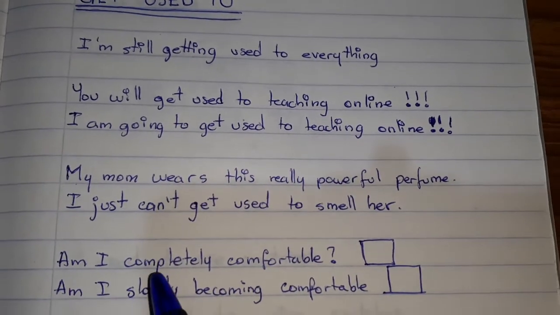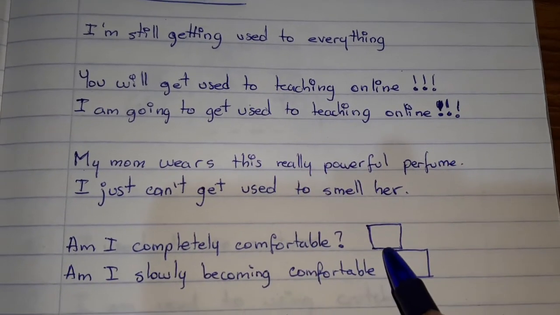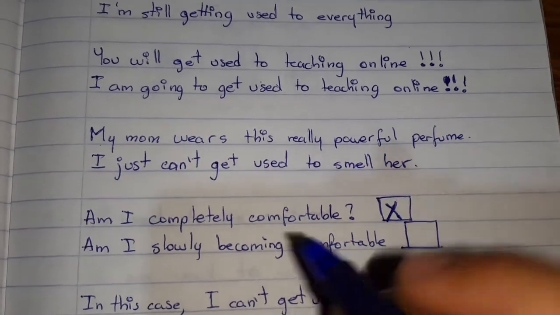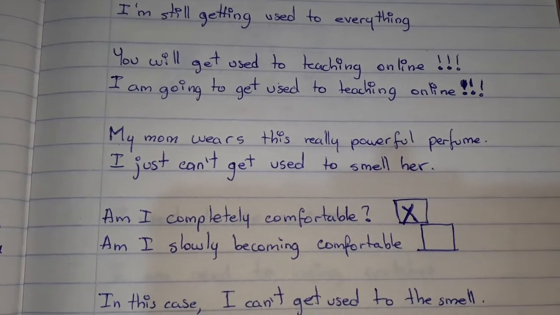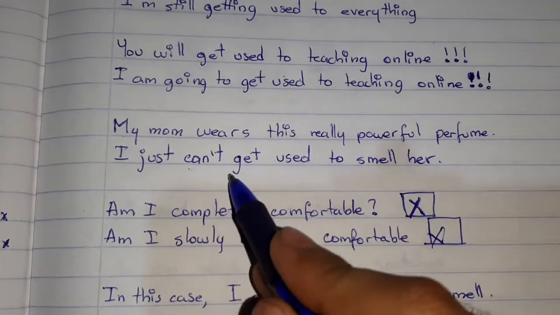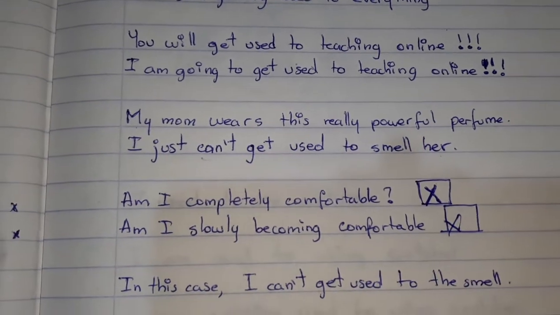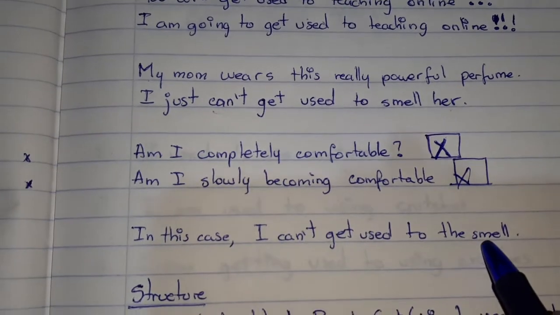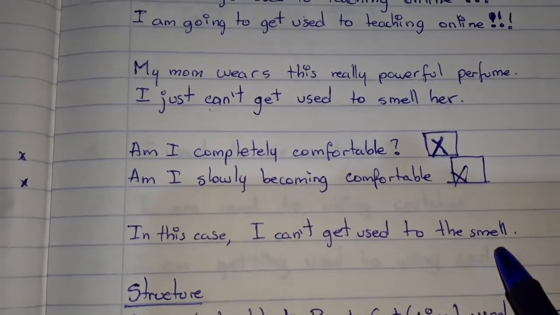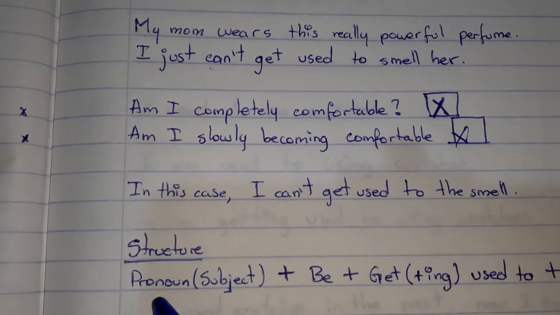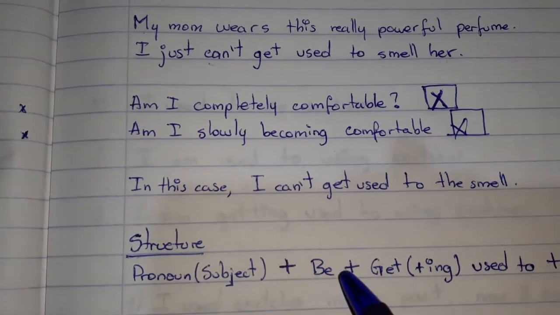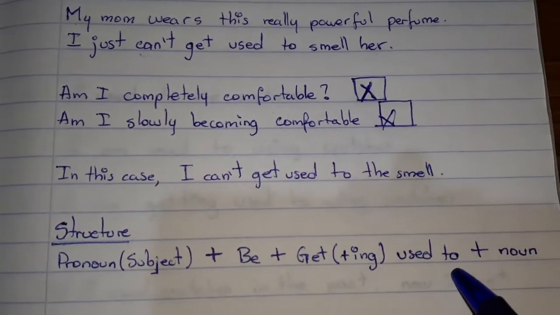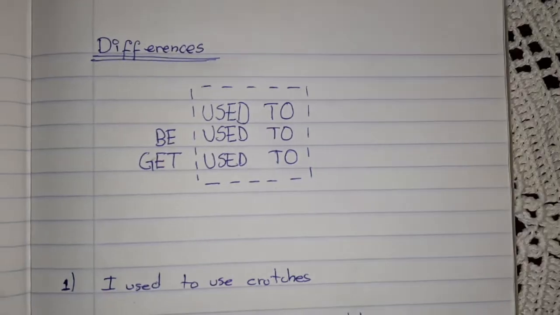So here we have, I am completely comfortable with the smell of her. Well, no. I am slowly becoming comfortable. No, because I can't get used to smelling her. In this case, I can't get used to the smell. And the structure is the pronoun or the subject plus be plus get plus used to plus the ing form or a noun at the end.